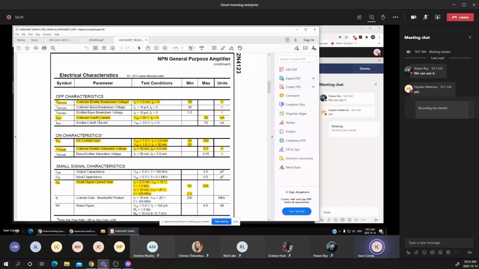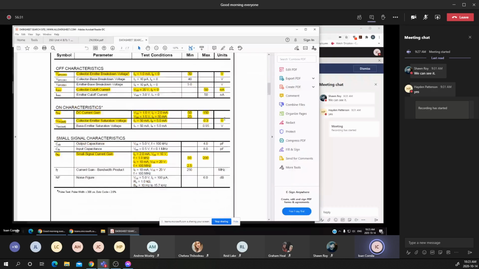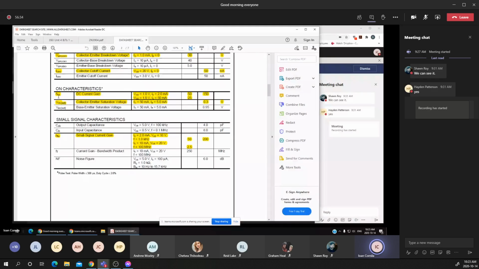The collector and the base current is in nanoamps, and the gain, again, is specified for collector emitter voltage, and the IC current typically is 150, and this is what I will take into account in our calculations. You notice the collector emitter saturation, I mentioned that it's around 0.2. That's the typical value for the collector emitter saturation voltage.